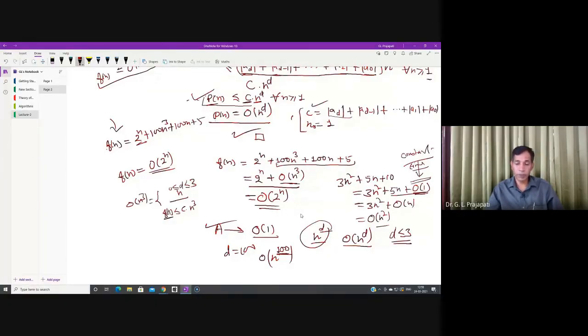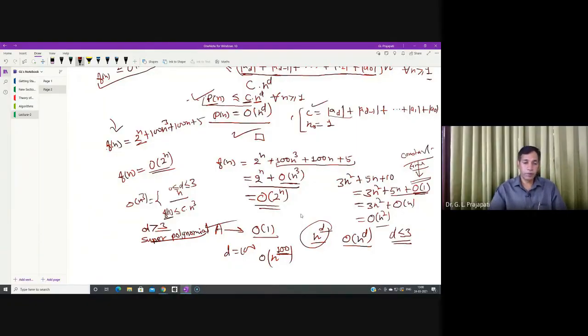So what we expect is that once you analyze your algorithm, the degree of the polynomial should be up to 3. Once you have a degree more than 3, your algorithm is going to enter the super polynomial time, if you have a degree d which is greater than 3.